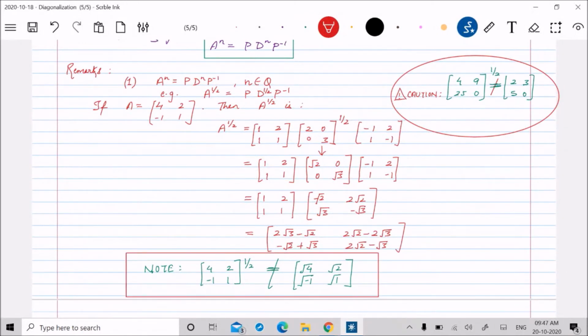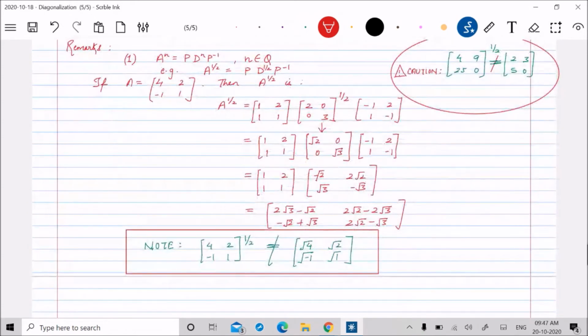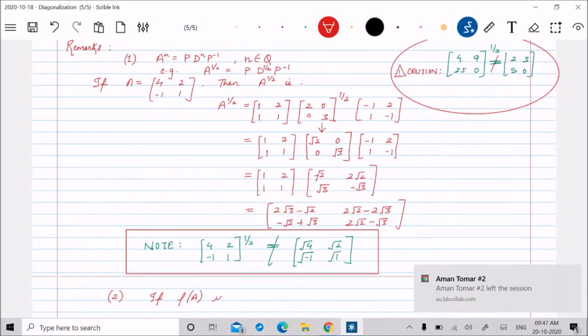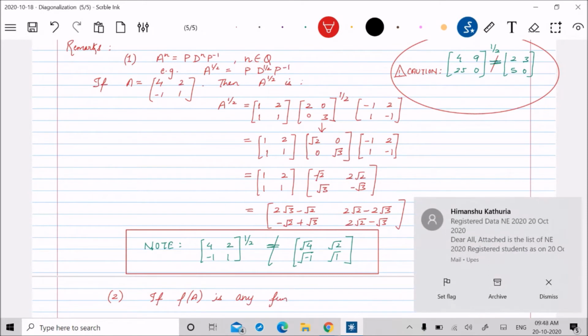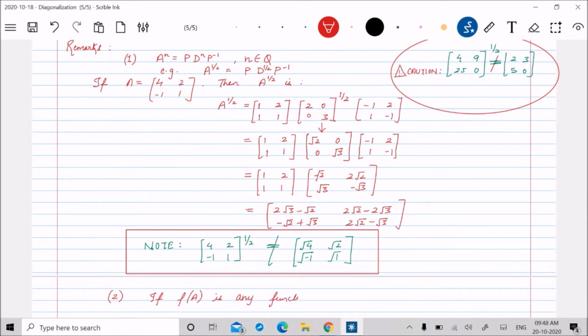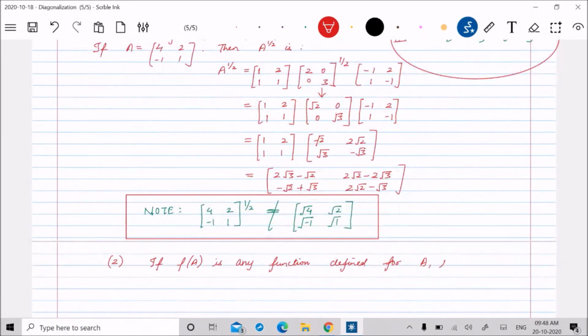Fine. So now you all know how to find the square root of a matrix, and not only the square root. The second remark is more general. If f of A is any function defined for A, then please pay attention.